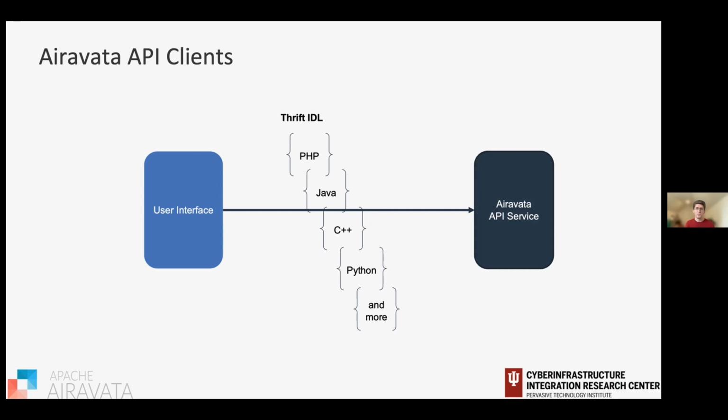Ones that we've used quite a bit have been PHP, Java, C++, and Python. The Airavata Django Portal, because it's using the Python Django web framework, makes use of the Python API stubs that are generated from the Thrift description of the Airavata API.